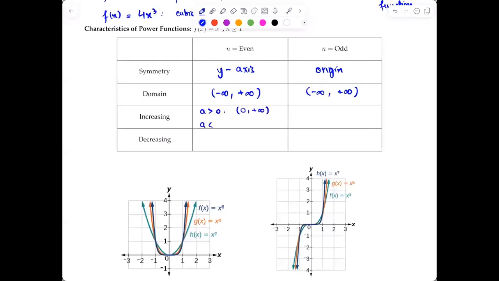When a is less than 0, the function looks like this. Write it down, so the increasing part of the function is from negative infinity to 0.